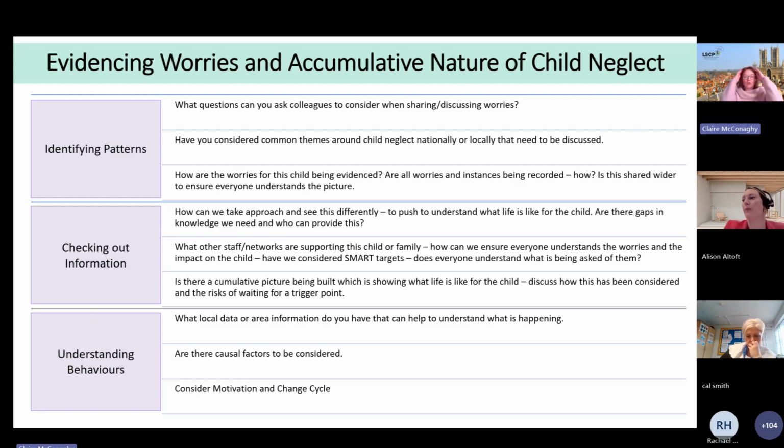We can look at the networks that can support the child and family, thinking about who's involved, bringing together those targets for the whole family, and making sure everybody understands what's been asked of them. And yeah, just around that cumulative picture, it's considering the risks, and not waiting for trigger points.